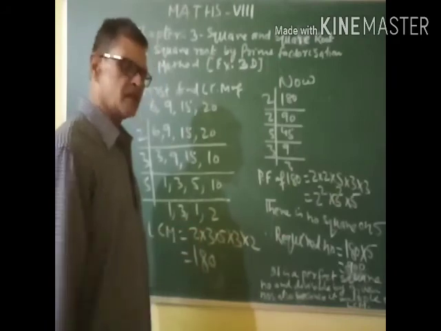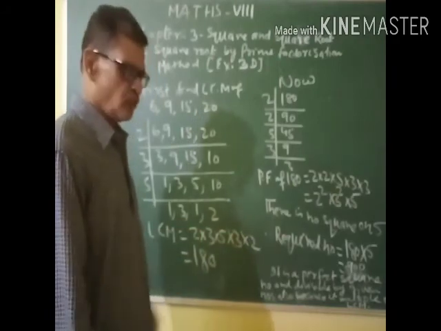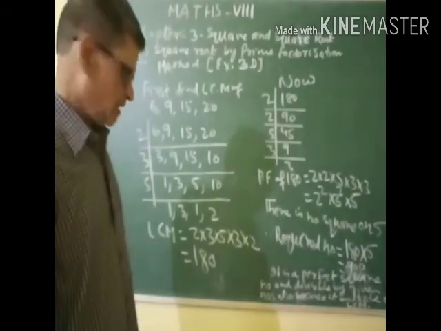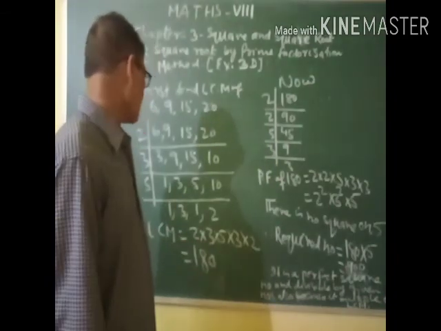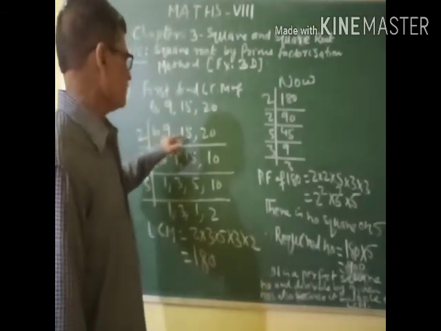By the property of LCM, LCM is the lowest common multiple. This is the smallest number which is completely divisible by 6, 9, 15 and 20.